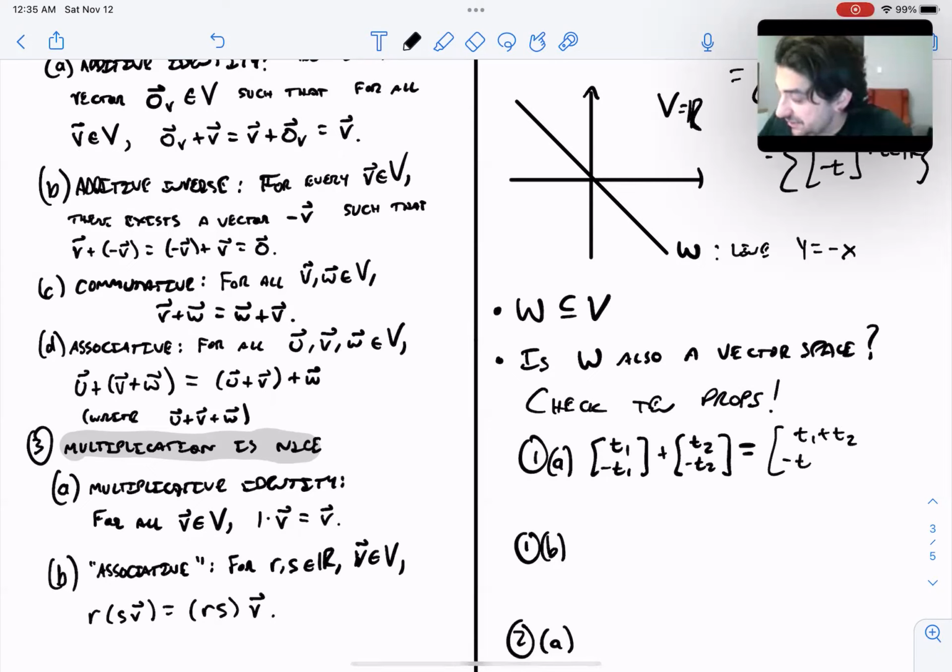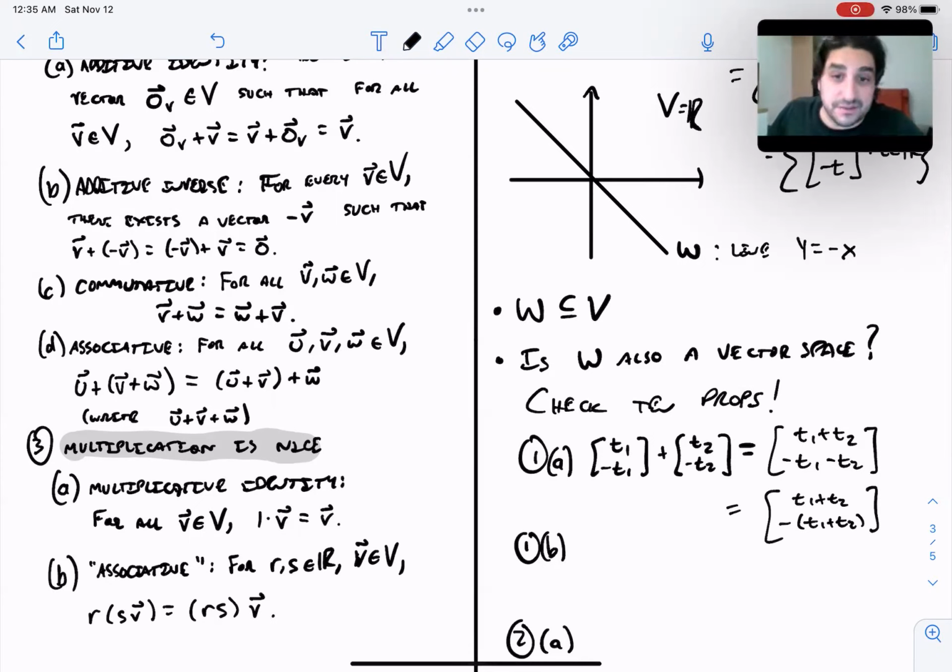Yes, absolutely. Basically, when you add them together, you can factor the negative out, right? So adding together 2 points of that form produces another point of that form.